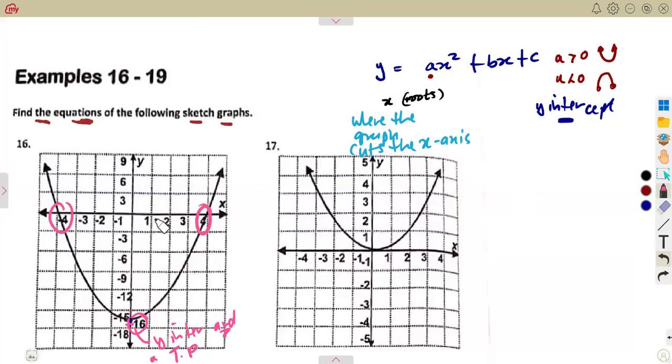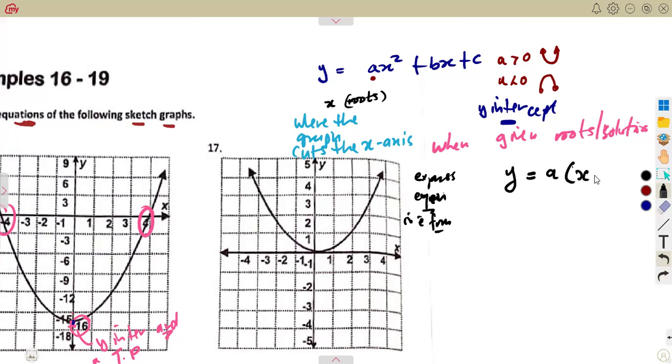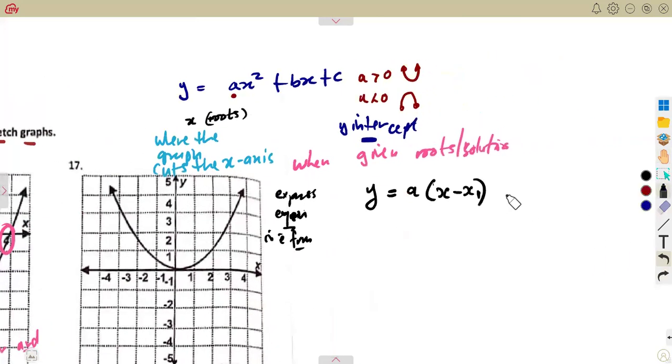When given solutions, which are the roots, or the x-intercepts, you are going to express your equation, I'm going to write in short, guys, in the form y is equal to a into (x minus x1), where x1 is the first solution, into (x minus x2).